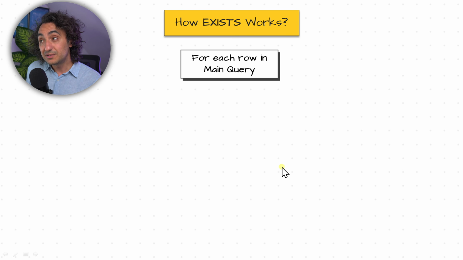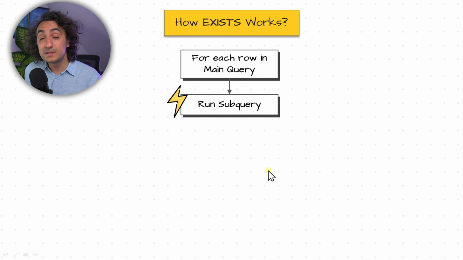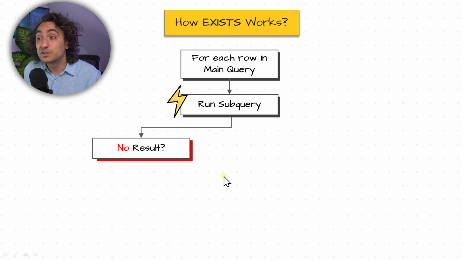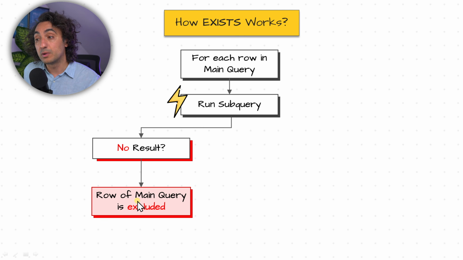Now for each row that we have from the main query, it is going to trigger an execution of the subquery. This subquery helps us to evaluate this row. So we are testing this row. Now if the subquery doesn't return anything, so there are no results, what can happen? The row that we are evaluating from the main query will be excluded from the final results.